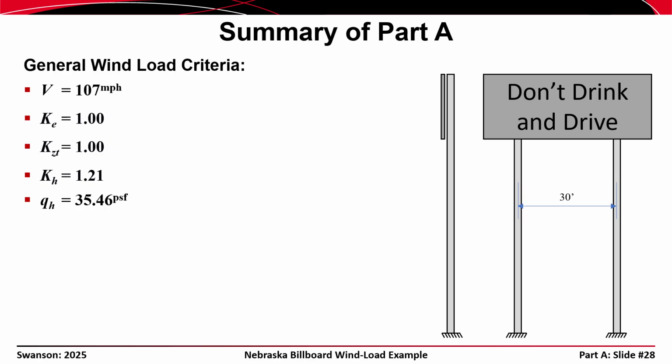Since this was the velocity pressure coefficient for the top of the sign, it is also equal to K sub h. Finally, we calculated the velocity pressure at the top of the billboard and found that to be 35.46 pounds per square foot. Recall that the velocity pressure represents the dynamic pressure exerted by the wind before it hits a specific surface, and it can be thought of as the raw power of the wind at a specific height z above the ground.